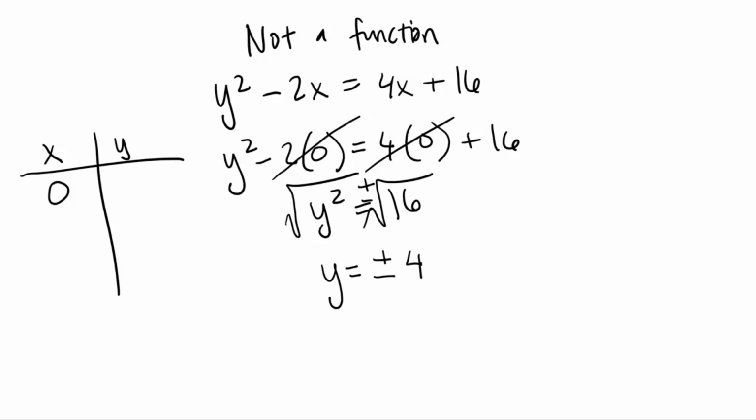So that means when I plug in 0 for x, I get both a positive 4 and a negative 4. So I get two different outputs from the same input. I only plugged in one number, 0, but I got out two different numbers, 4 and negative 4. So that's why this is not a function.